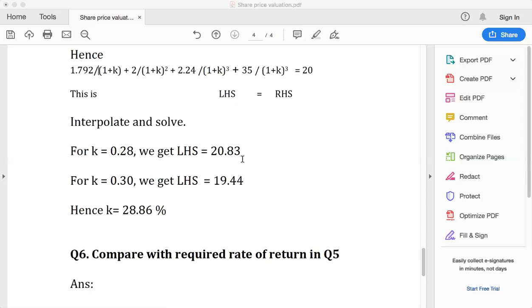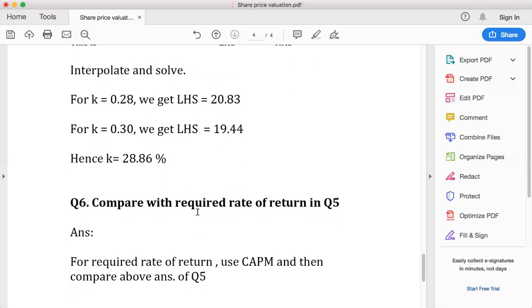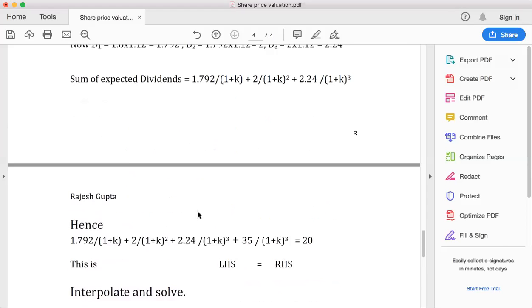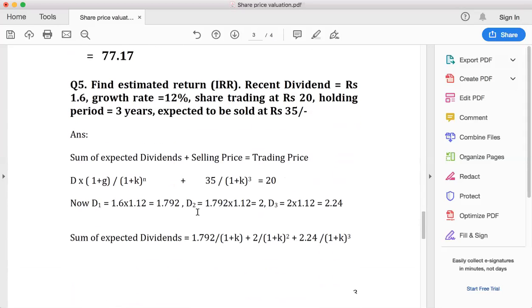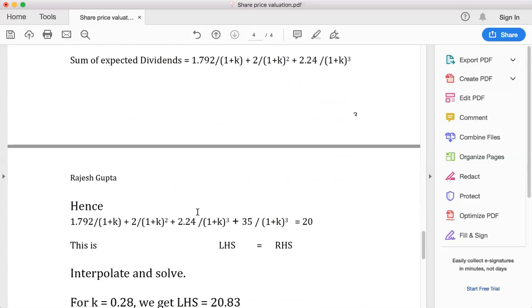We'll shortly upload a video on interpolating if required, but assuming that you know how to interpolate, between these k 0.28 and 0.30, our desired k has to lie. So you interpolate and find out that the internal rate of return or the market discount rate should be 28.86% to be able to sell this share at 35 rupees after 3 years.